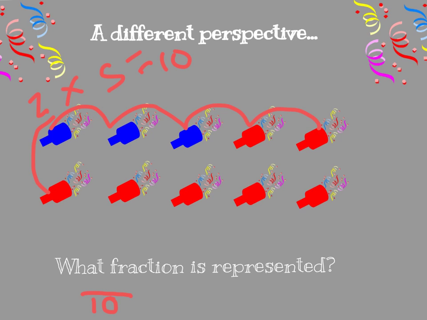Okay, so when we look at this, what do we see? We see 3 blue party poppers out of the total of 10 present. So since those are the separate ones, we can make that our numerator and this fraction is expressing that 3/10 of the party poppers are blue.